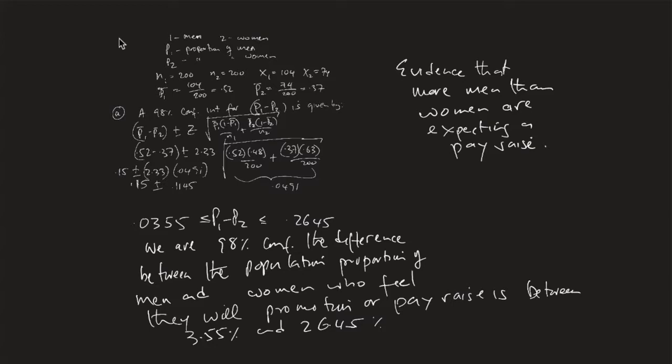We're now going to do a hypothesis test to see if there's a difference between the proportions, but not if there's a difference, if more men than women actually feel that they will get a promotion. So we have completed a confidence interval problem.